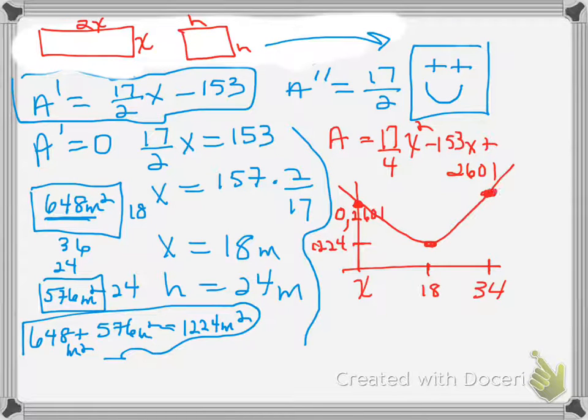And that is my answer. If I used everything here, what would my area be? Well, if x is 34, then my 2x will be 68, and multiplying those together I'm going to get an area.